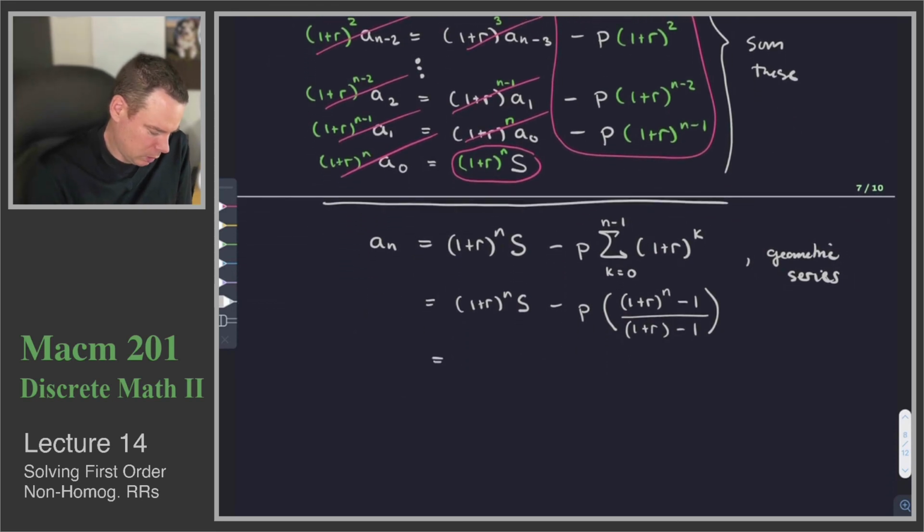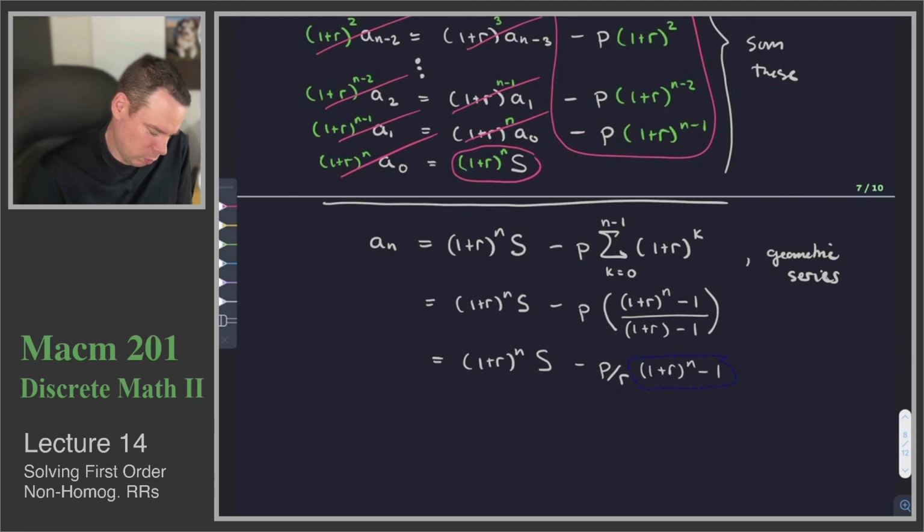And so this becomes 1 plus r to the n, s minus p, 1 plus r to the n minus 1, and then all of that is over 1 plus r minus 1, so that just becomes an r. So I'll clean this up a little bit, and I'll just indicate that that's over an r there.